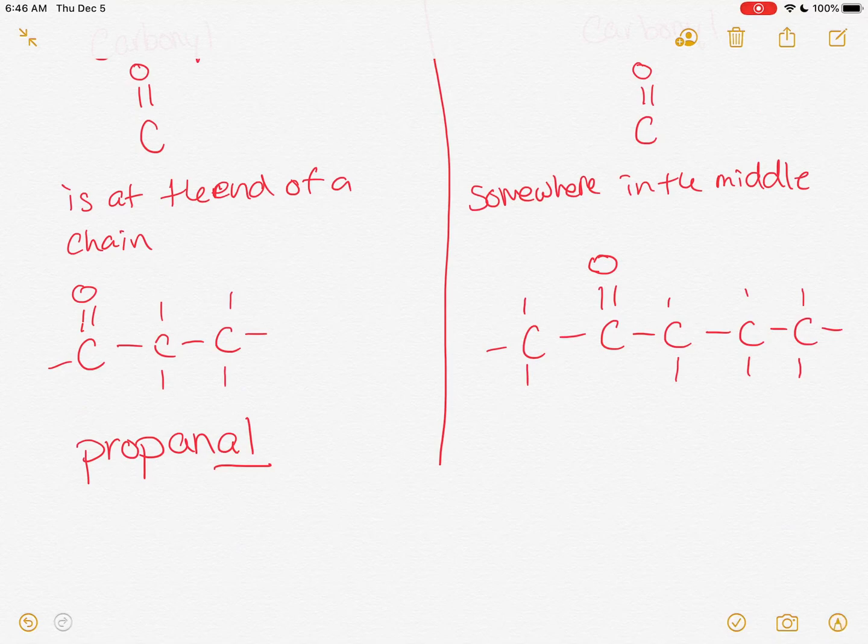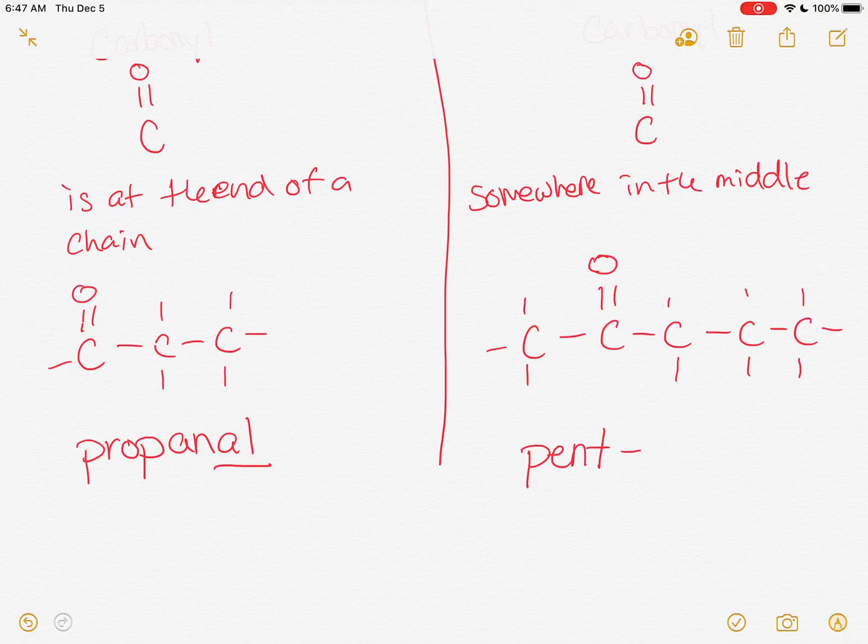You have to be careful because your A's can sometimes start to look like O's, meaning that they look like alcohols, but they are not alcohols because they have a double bonded oxygen, not an OH, and so they have to end in AL. So you have to be really careful about making sure that you form your A very properly so that it doesn't accidentally look like an O. All right, with our ketones, so this ketone has 5 carbons in it, so it's going to be a pent.